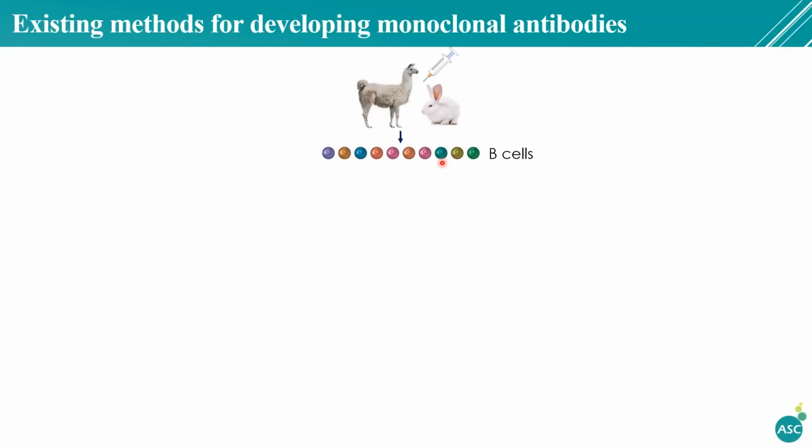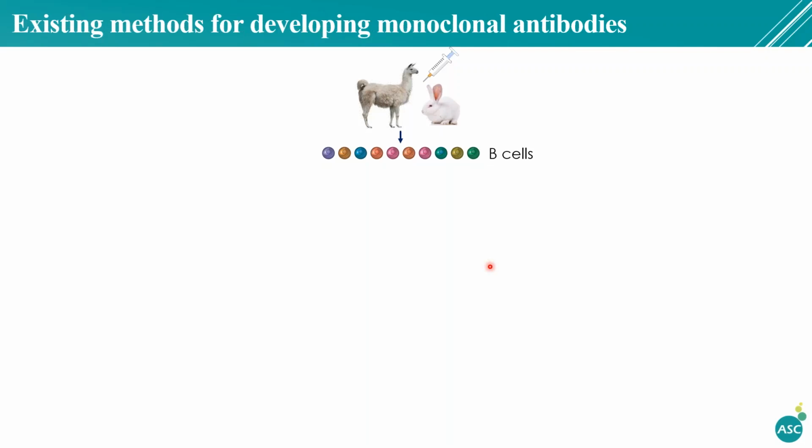So since the first monoclonal antibody was generated in the 1970s, a lot of methods have been developed for developing monoclonal antibodies. The first thing I want to point out is that although now a lot of in vitro methods have been developed, today animal immunization remains the dominant source for antibody, whether it's used for research or clinical diagnosis or therapeutics.